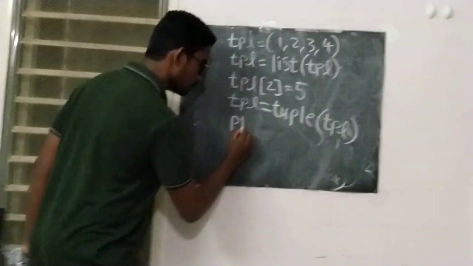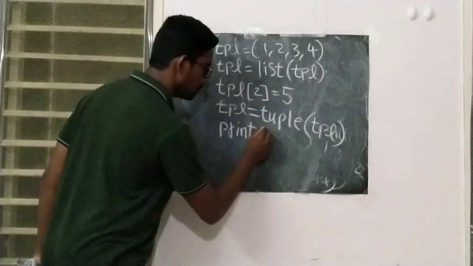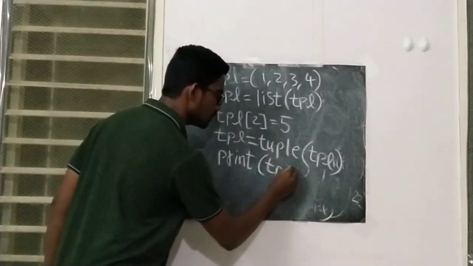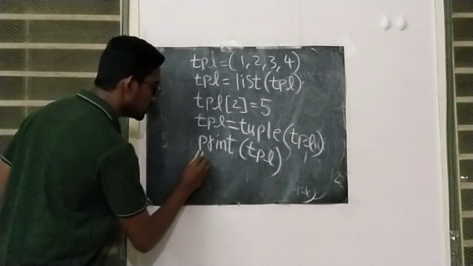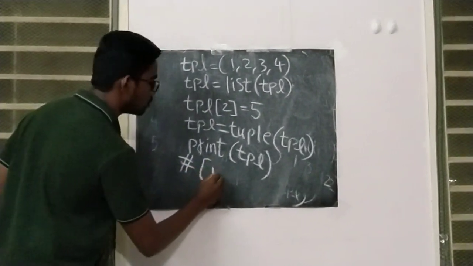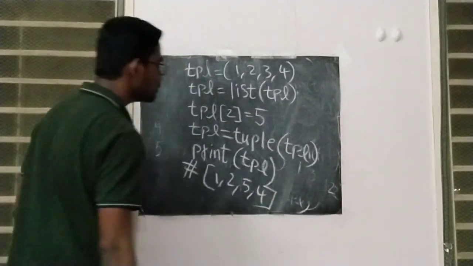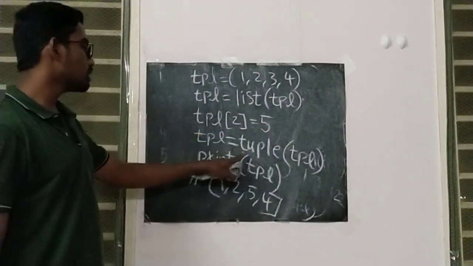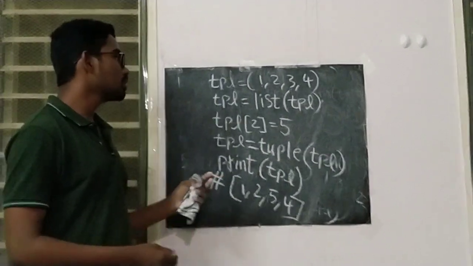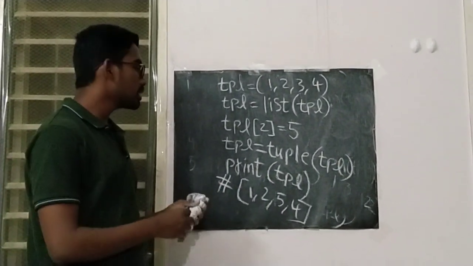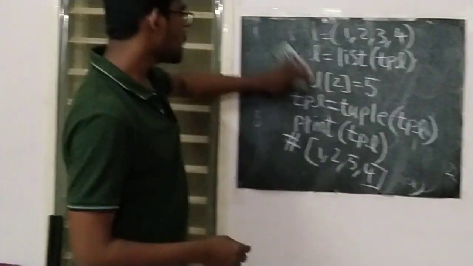Display the result on the screen by using print of TPL. Now it will display the answer as 1, 2, 5, 4. In this way, by using list of and tuple of, we can convert the variable into a list type and a tuple type. So these are the examples.